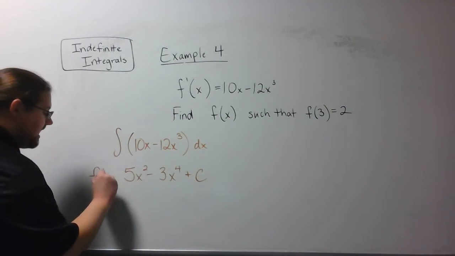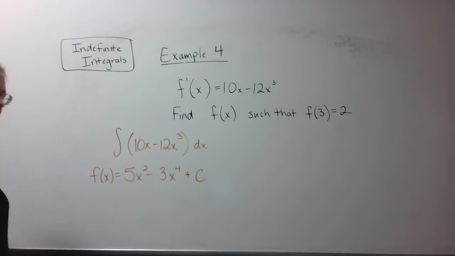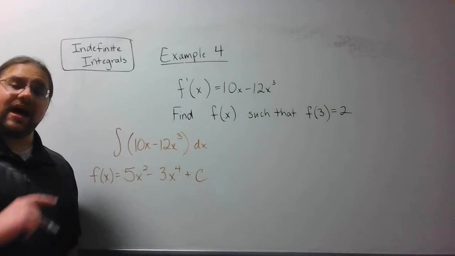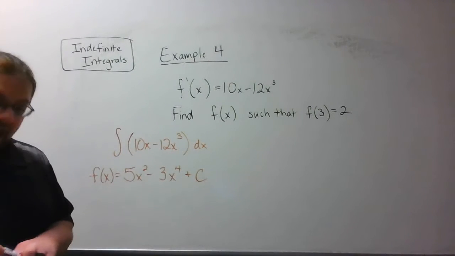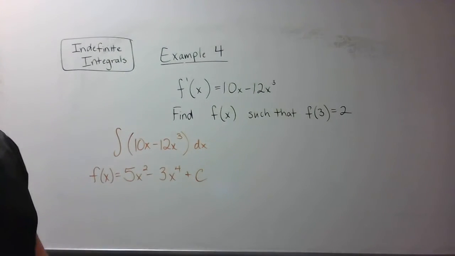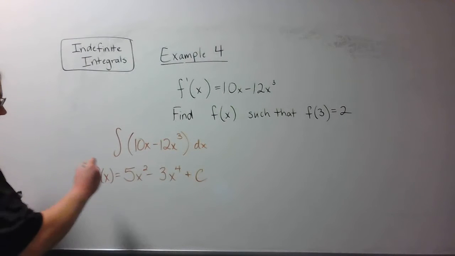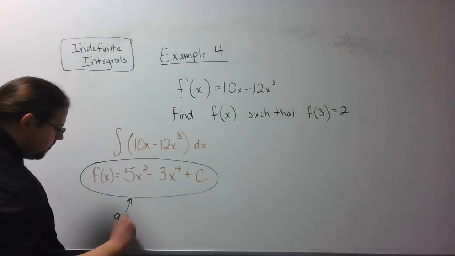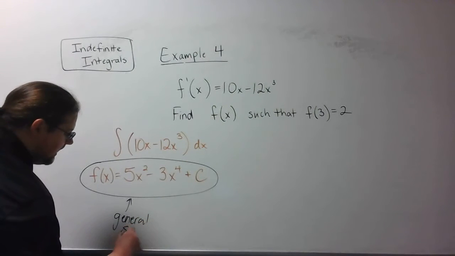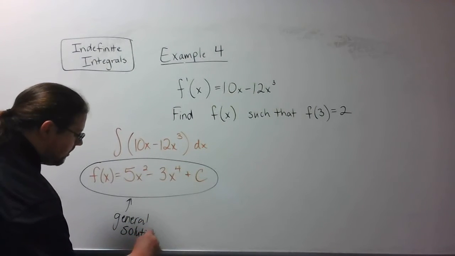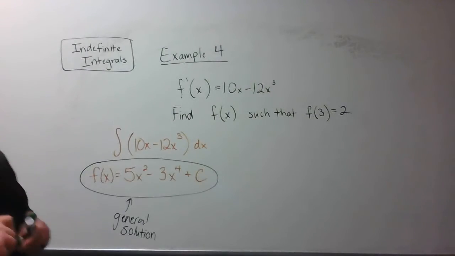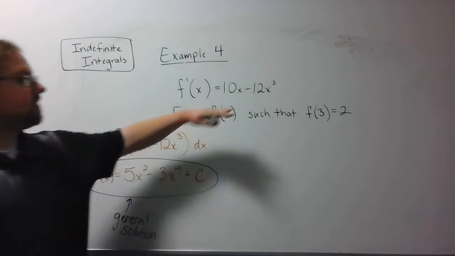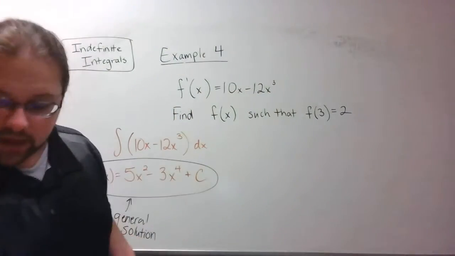Now, right now, that's what I think f of x is, because this contains every possible answer for f of x. This is, again, I'm going to use that word we talked about in the very first video, general solution. It contains every possible function whose derivative looks like this, okay?